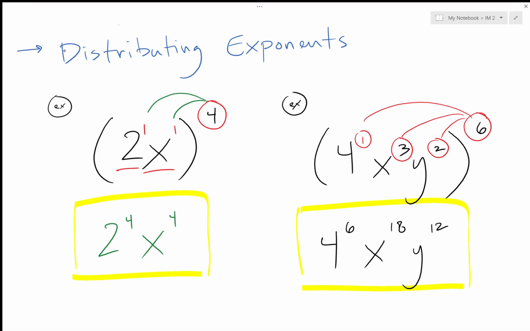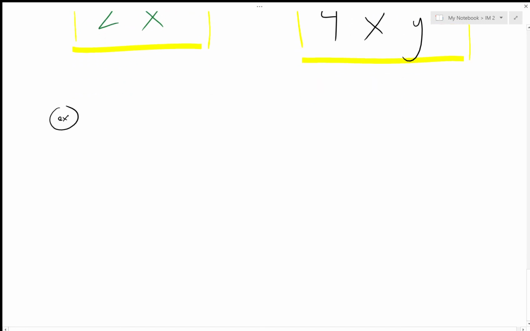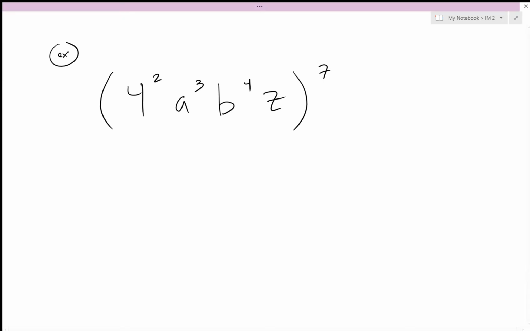Let's see one more of these. 4 squared, a to the 3rd, b to the 4, z, and then a 7 outside. So I know this 7 needs to go to every power or every exponent inside of this.